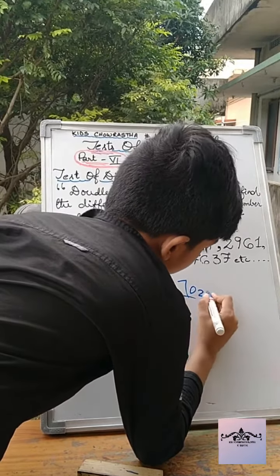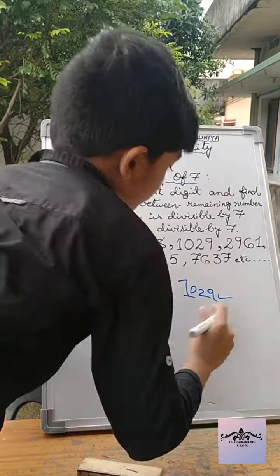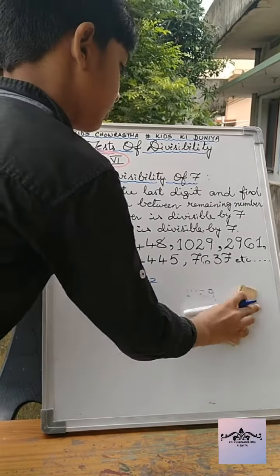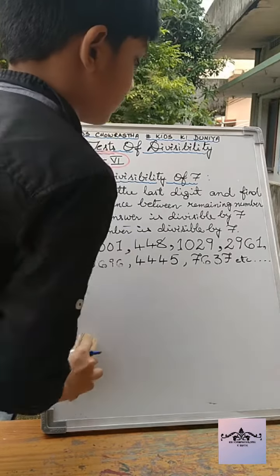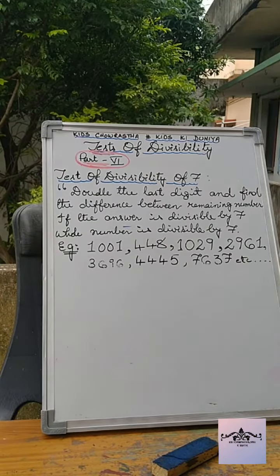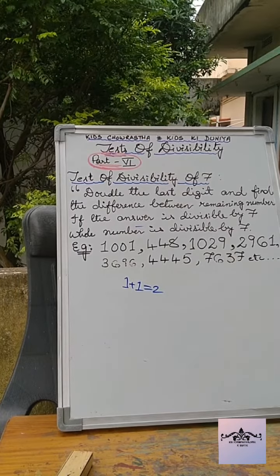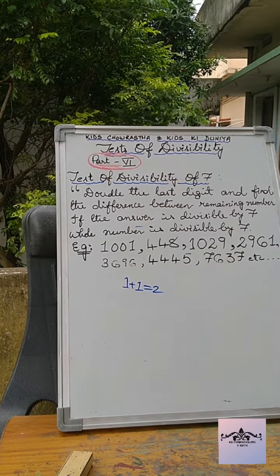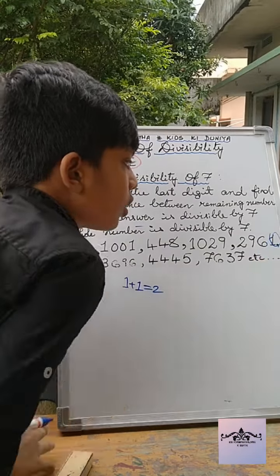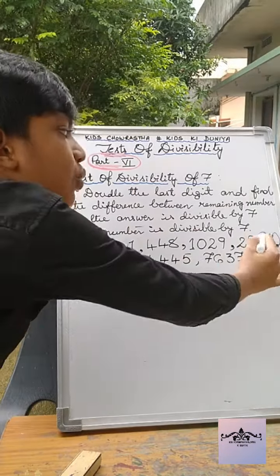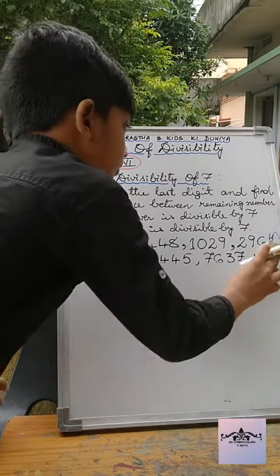1029. What we are taking now is 2961. So here, 1 plus 1 is 2, our last digit is 1, right?